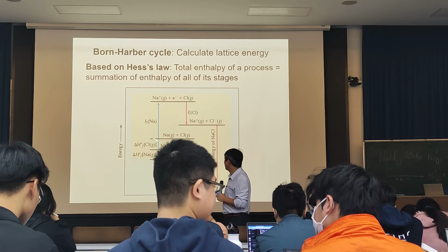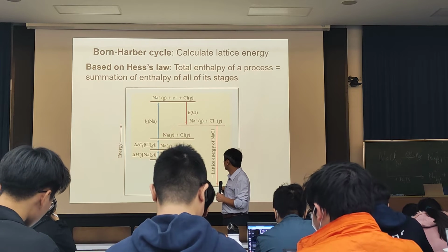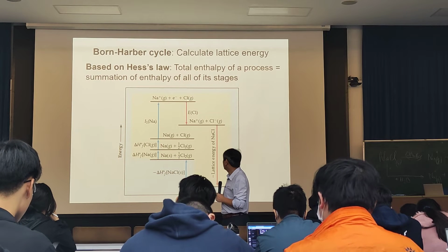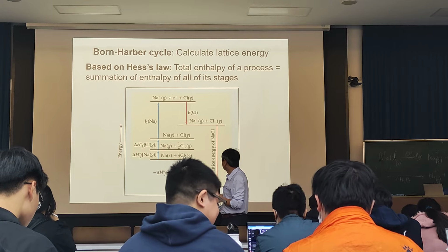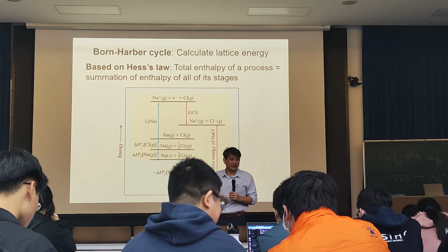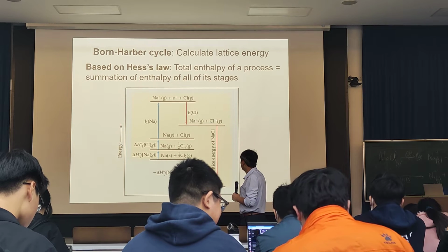And then you need to put in ionization energy to remove one electron from sodium. So you have sodium cation gas, a free electron, and chlorine gas. Then the electron will move to the chlorine, so you have electron affinity, right? So when the electron moves here, you have sodium cation gas and chloride anion gas.